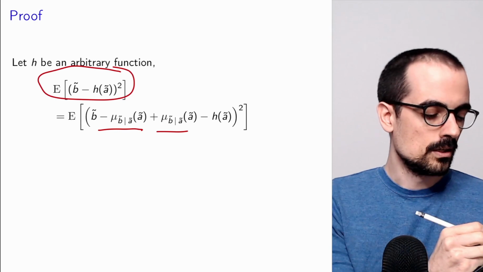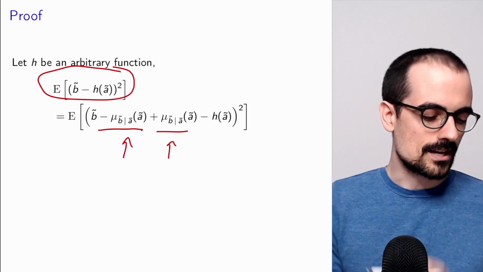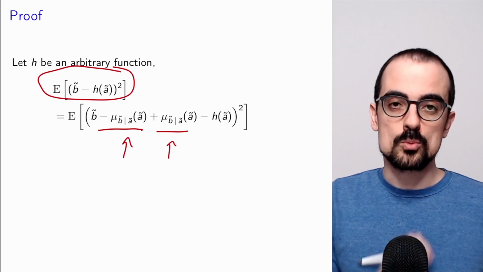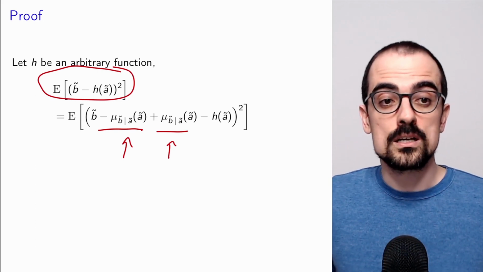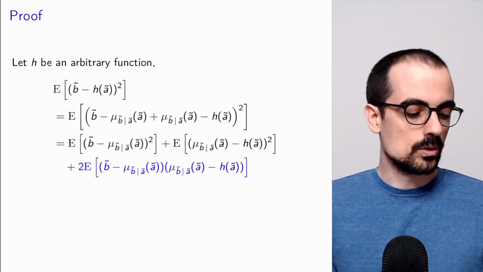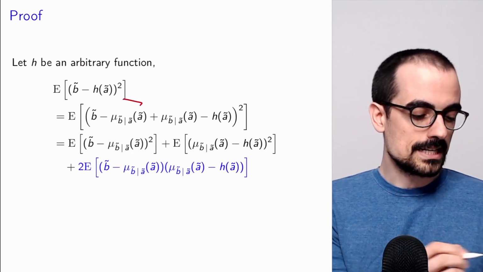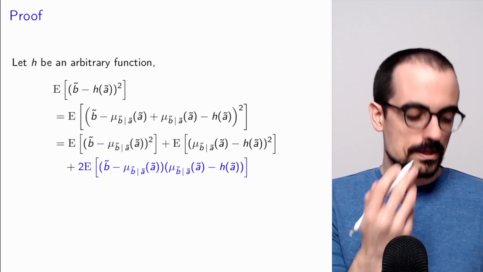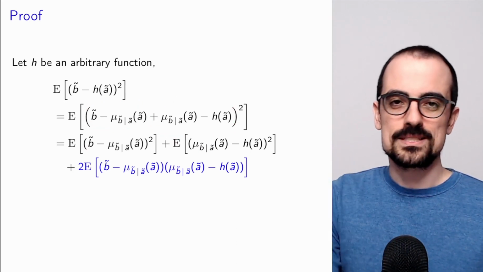So for that, we subtract and sum the estimator that we want to show is optimal, and now we're going to break this apart using linearity of expectation. So this expression is equal to the square of this guy plus the square of this guy plus 2 times the cross term.